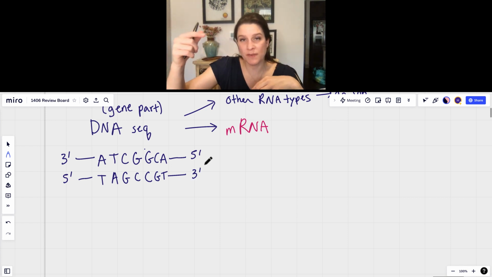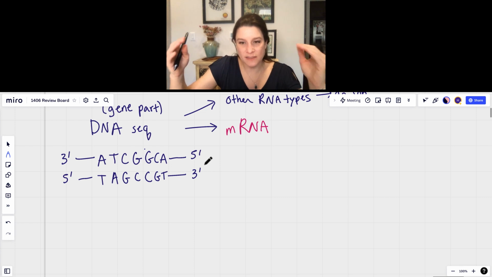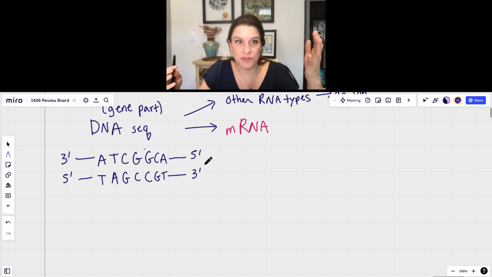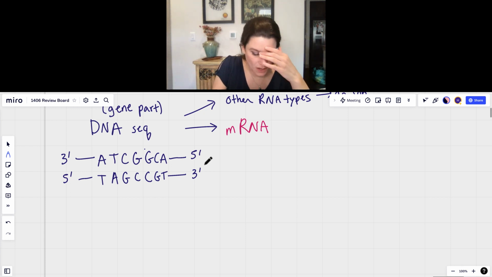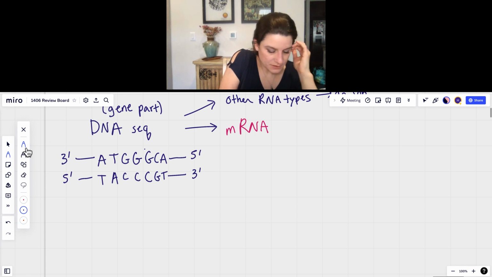So one gene might be on the top strand, the other gene's on the bottom strand. So there's not one strand of DNA that's template and the other one's not. But for every given gene, there's always one strand that's template and the other one's not. Let's make this a G. Sorry, it would be better. Yeah, this will be good.